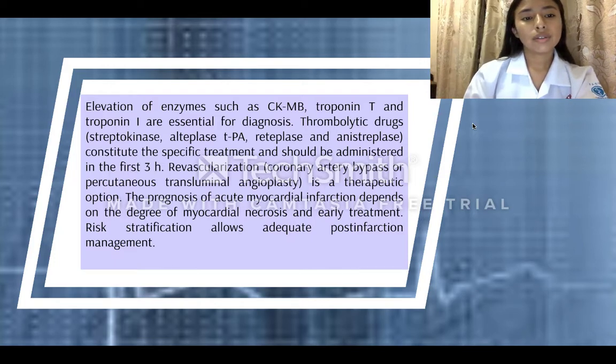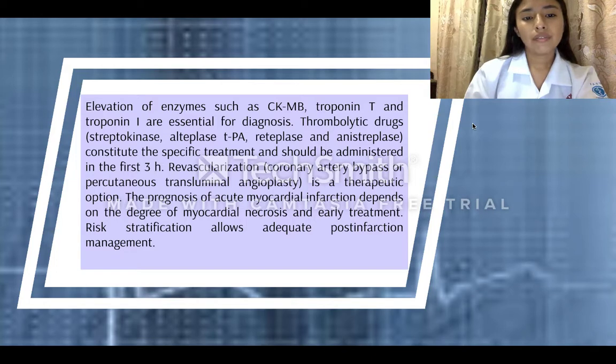Thrombolytic drugs, streptokinase, alteplase, TPA, reteplase, and tenecteplase constitute the specific treatment and should be administered in the first 3 hours. Revascularization, coronary artery bypass, or percutaneous transluminal angioplasty is a therapeutic option.